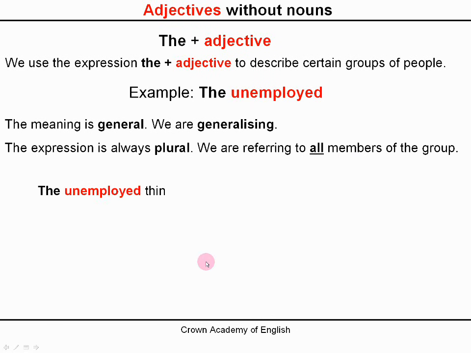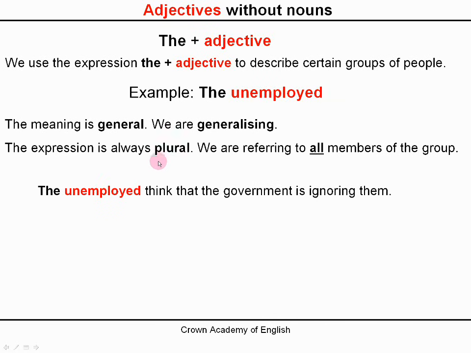So an example is, the unemployed think that the government is ignoring them. The unemployed think that the government is ignoring them. So we are making a generalization about all unemployed people. Okay?